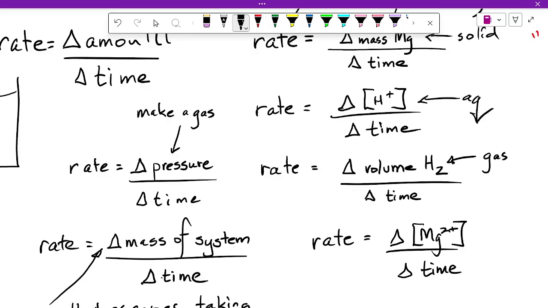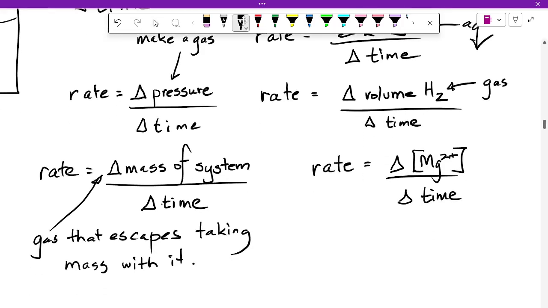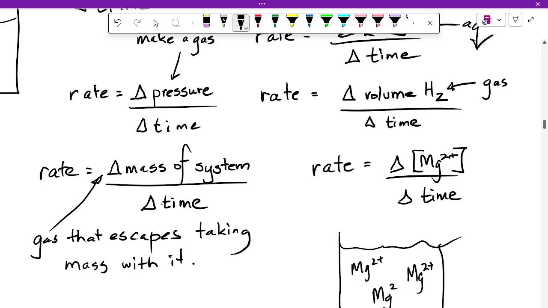Just so you know, concentration is often difficult to measure. Like you're like, okay, in my beaker, I start with no magnesium, and over time, magnesium appears. Yes, time is passing, magnesium is appearing, but magnesium is not a colored ion.